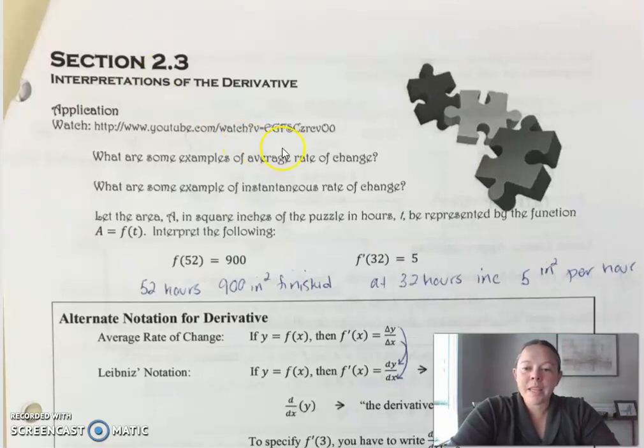So this video having to do with puzzles, we would watch this video in class, and it's of a lady who's putting together a puzzle with all these different zoo animals, and it does the time lapse. What we'll talk about in class is certain parts of the puzzle she can put together really fast, as opposed to the background of the puzzle, which takes her a lot longer.